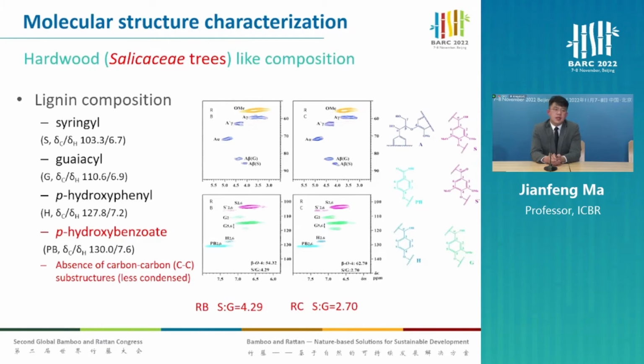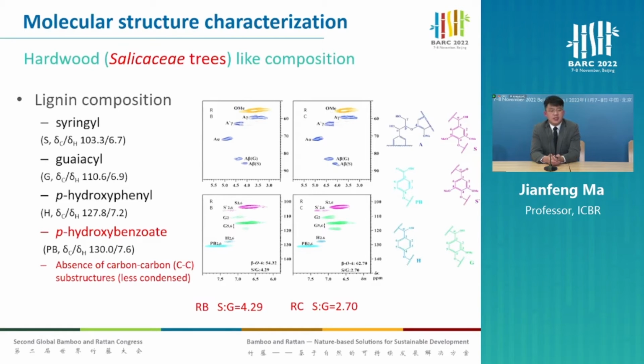Also, we used NMR analysis to detect the lignin compositions. It can be seen that the rattan cane contains S, G, and H units. Interestingly, we found hydroxybenzoate signals, which are a typical signal from wood biomass.